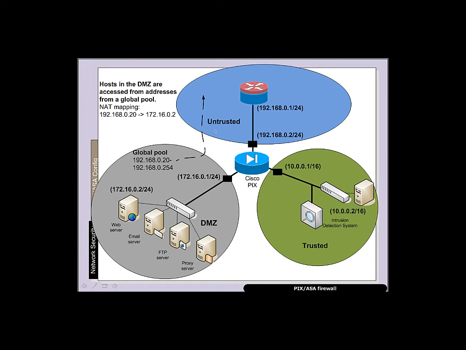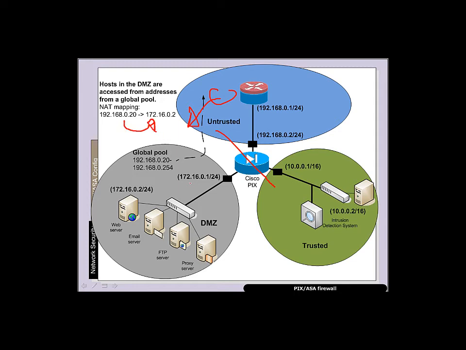The Pix ASA device typically supports network address translation, and with this we define a global pool, and the global pool are the addresses which are used outside the network, and then we can have a mapping from our global pool into a local pool.